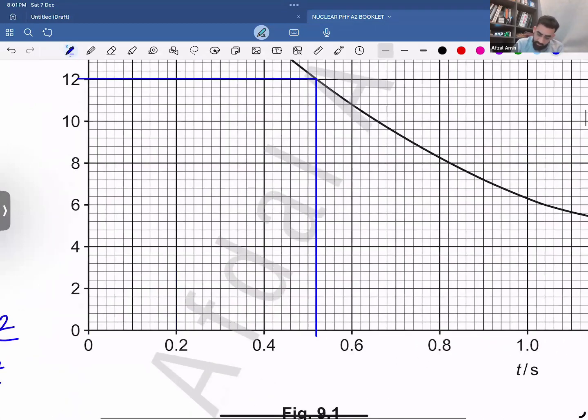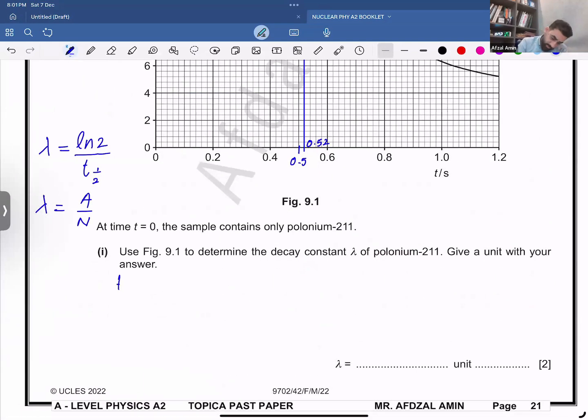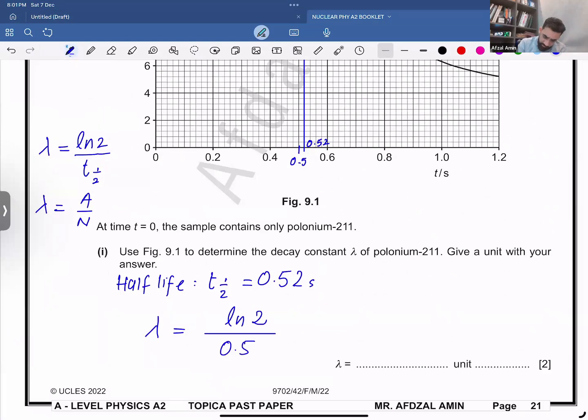The half-life? This is 4, this is 5. So this is 0.52 seconds. So your first step is to write half-life is 0.52 seconds. Then lambda is equal to ln 2 over half-life in seconds. So calculate this value, my dear students.